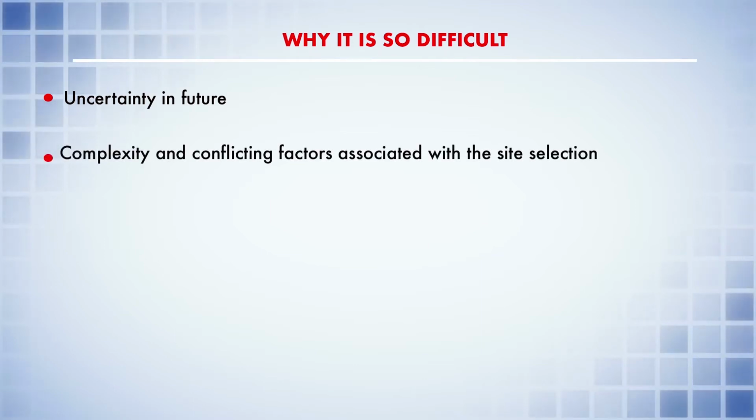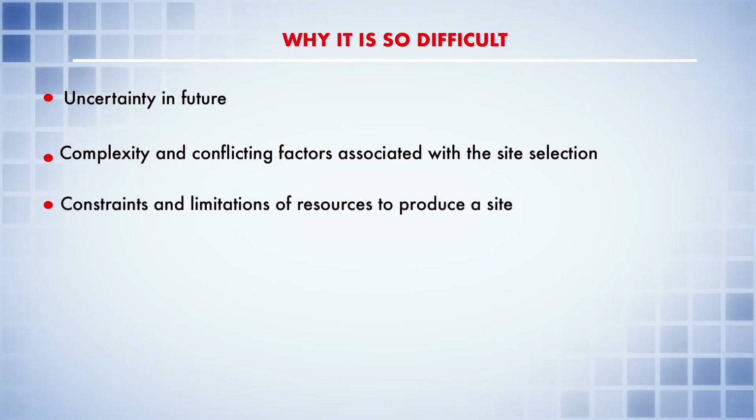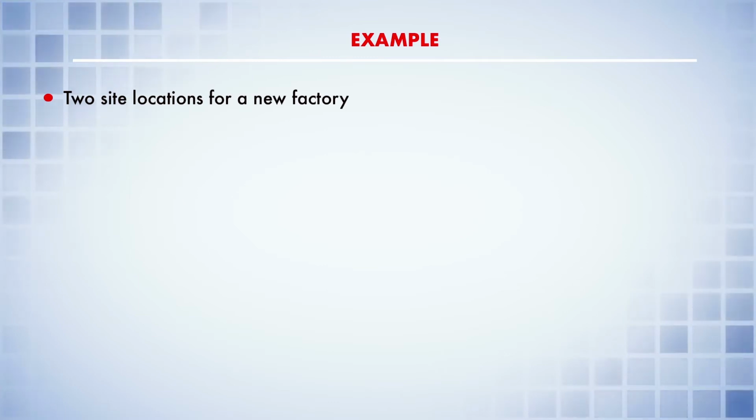The second important part is that there are complexity and conflicting factors associated with site selection. There are some constraints and limitations of resources to procure a particular site. Let me give you one example.